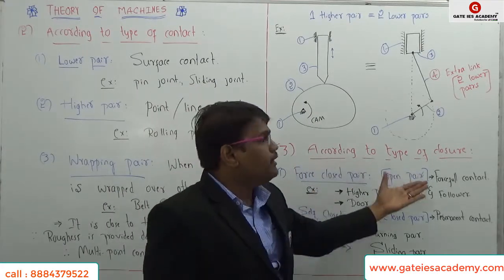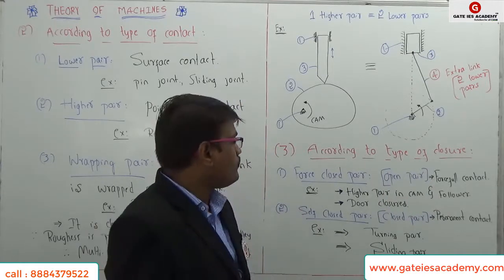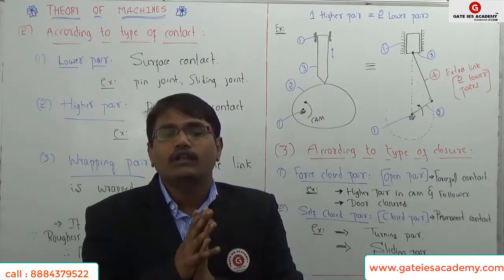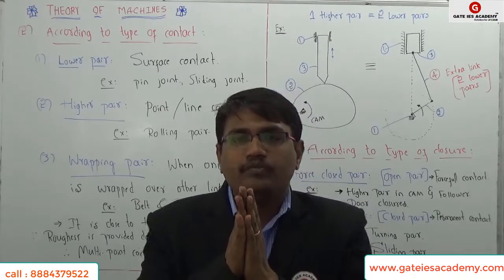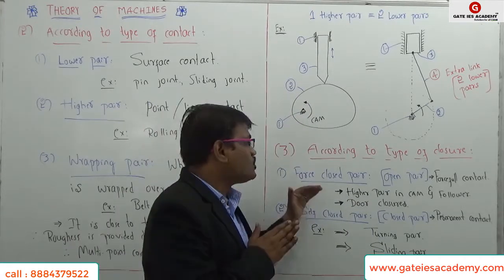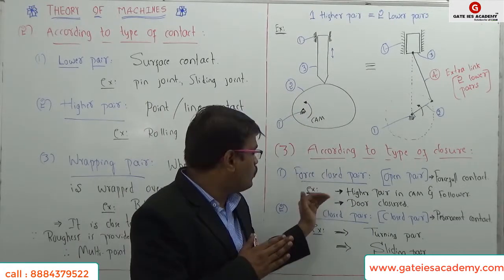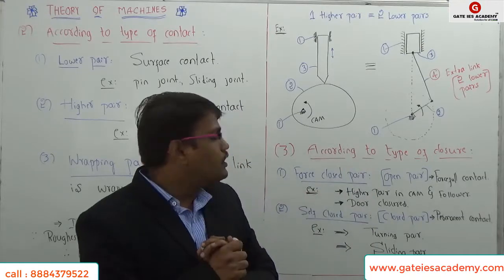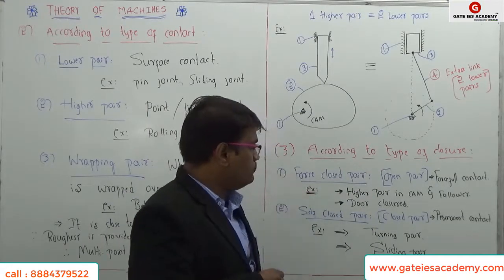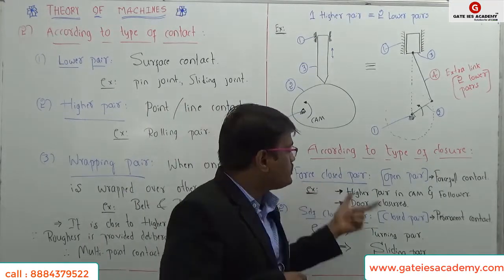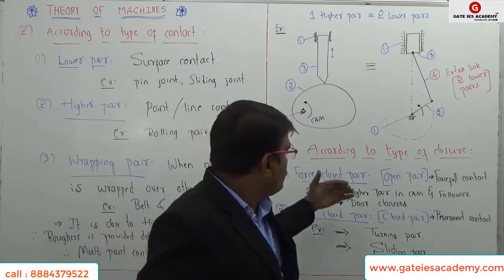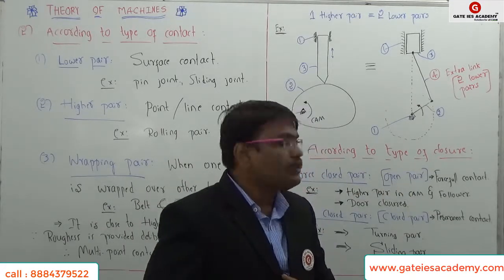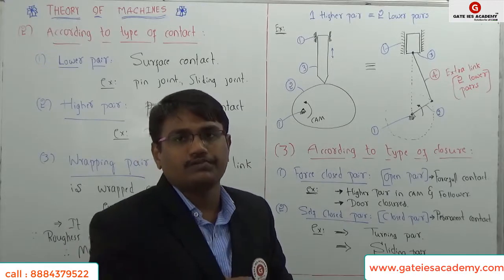Now, according to the type of closure, how the two links are closed. If there is a forceful contact, it is a force closed pair. What is this force closed pair? Take a door closure.